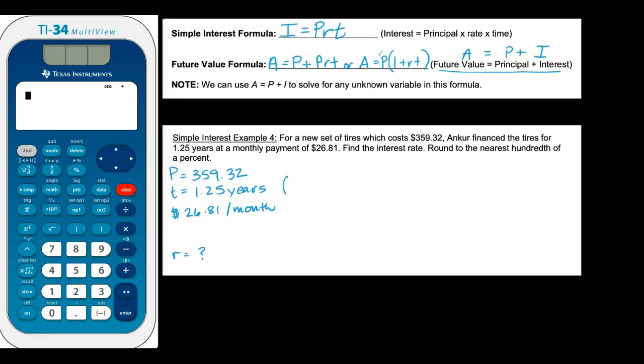So 1.25 times 12 equals 15 months. Or you could just think about it, 1.25 years is 15 months. And so if we take his monthly payment, $26.81, and multiply it by 15, we get $402.